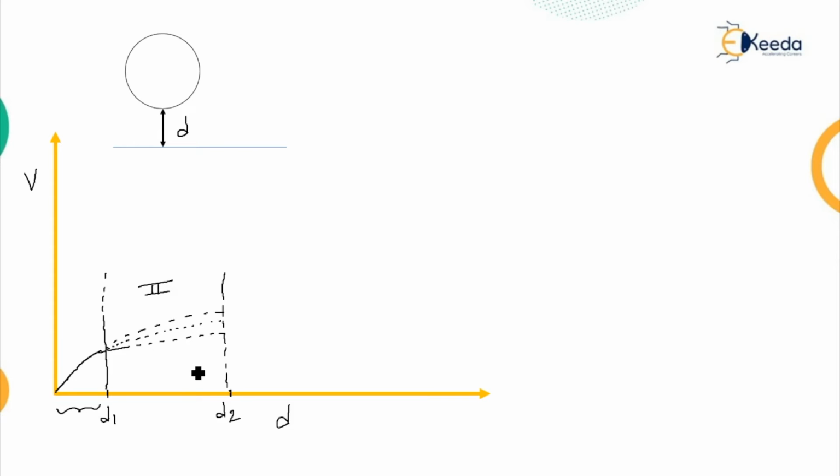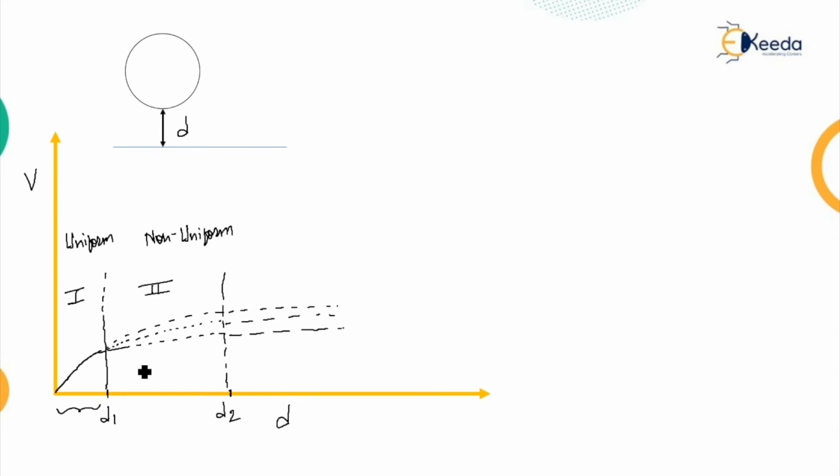So region 1 is a uniform field gap, but as the spacing increases, the gap becomes non-uniform. Region 2 is a non-uniform field gap. A further increase in the distance makes the breakdown voltage constant.